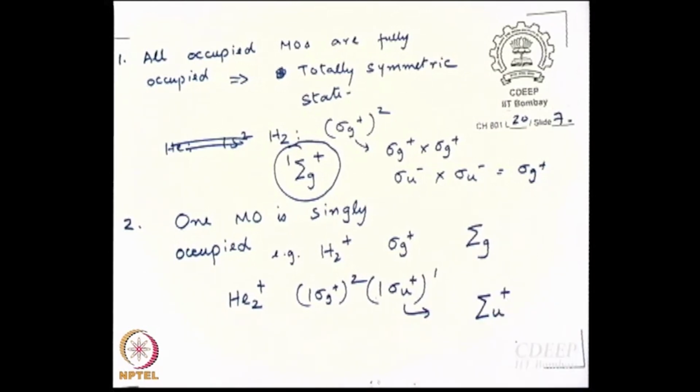Okay? Using the same symmetry symbol for both is not a good idea. Sigma u plus is a state. Now, tell me, there is only one electron. So, what is going to be the multiplicity? Again, if you take the simple approach, plus half multiplied by 2 is 1, 1 plus 1 is 2, so it is a doublet.